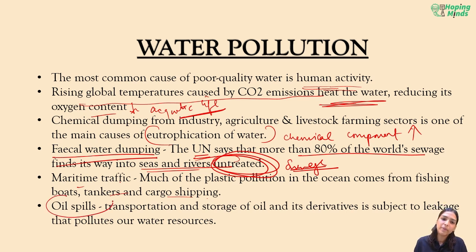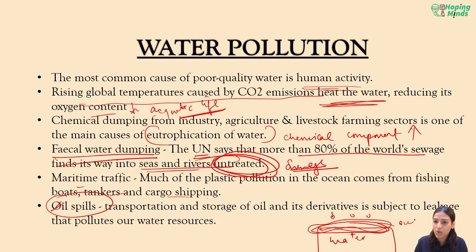And when the oil spills happen, you know that, let's say, this is a glass of water. Let's say if I put oil drops on it, it will form a layer, because oil and water are not miscible with each other, right?